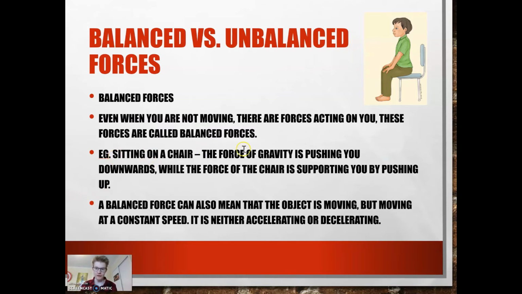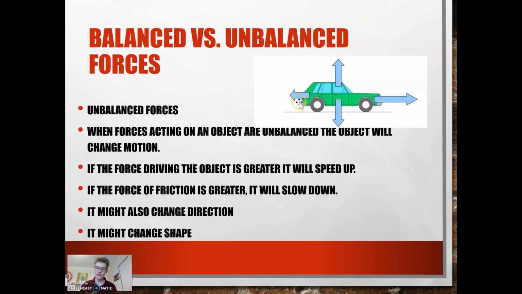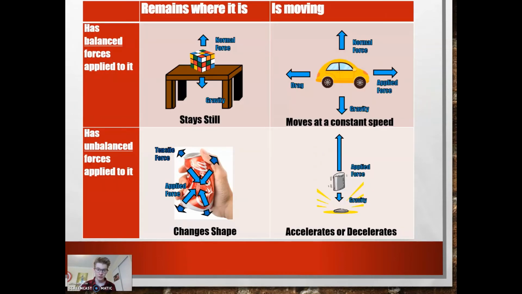So, for example, when you're sitting on a chair, you're going to stay exactly where you are because you've got two balanced forces acting upon you. Whereas if forces are unbalanced, we'll have different arrow sizes, and we'll see either it changes shape or it accelerates or decelerates.